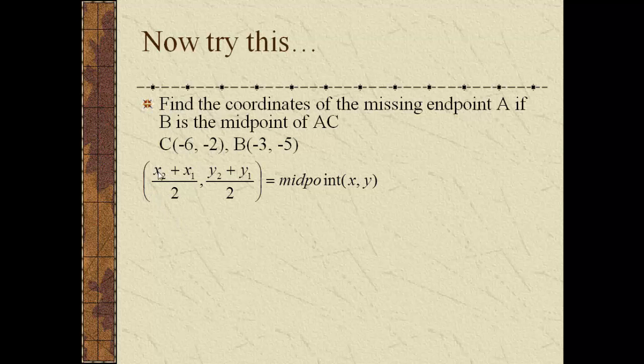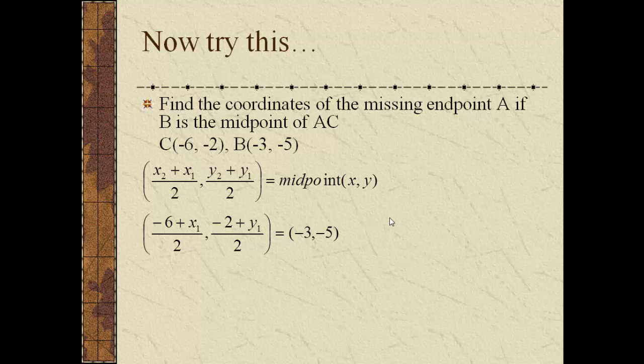When you add the x's together and divide by 2, and add the y's together and divide by 2, you get a midpoint, which is (x, y). Let's plug in the information that we know from the problem. I know my x2 value is -6, and I know my y2 value is -2. I also know that my midpoint is (-3, -5).